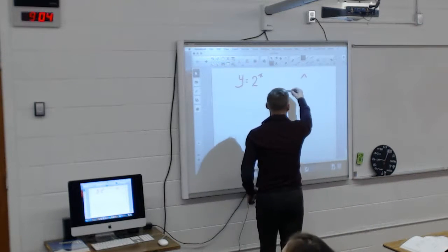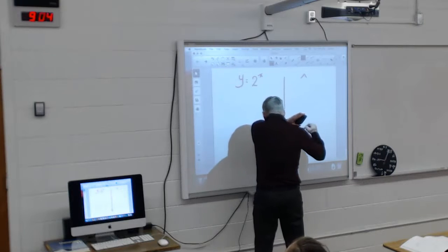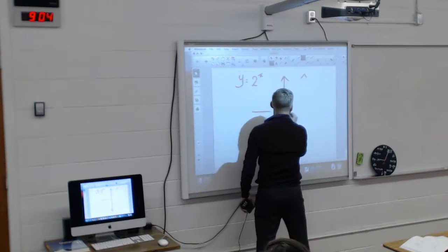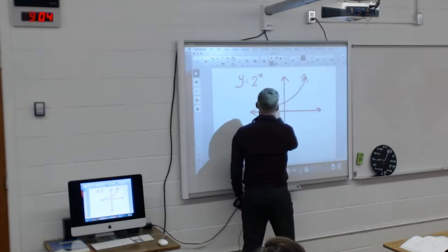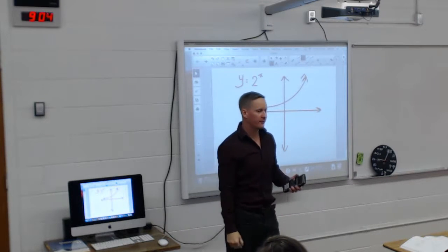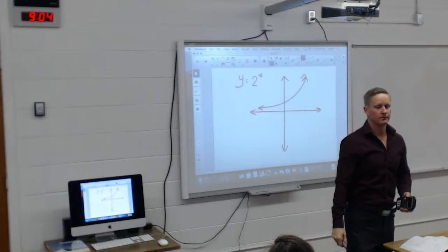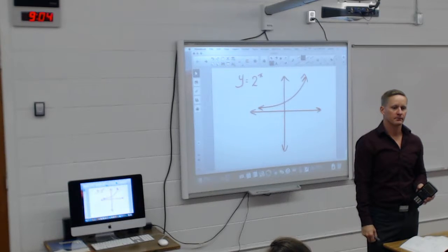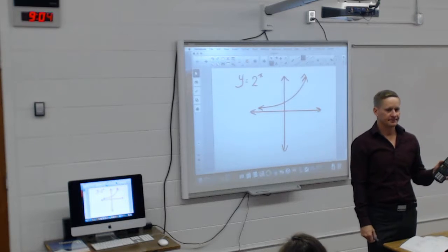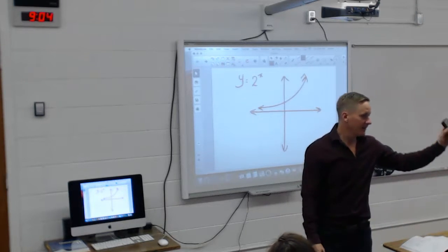Anybody graphed it? What do we see? Is that what you get for your graph? It says invalid. Change your window. You have a minus or a subtract as your 10. Next graph.